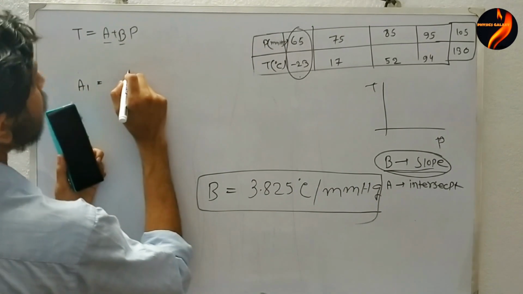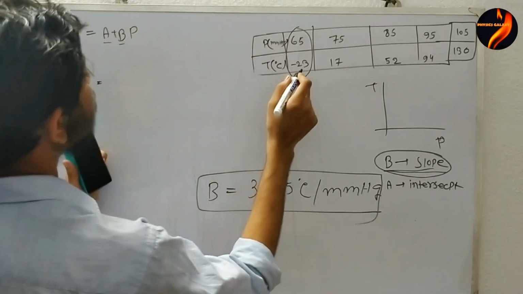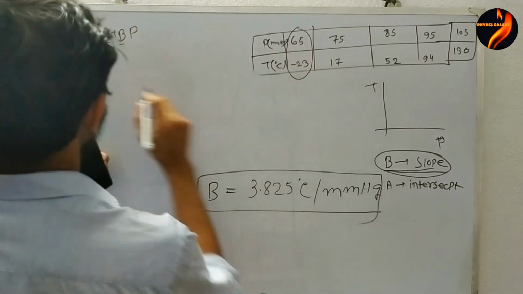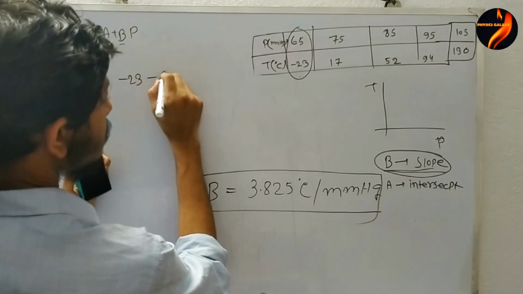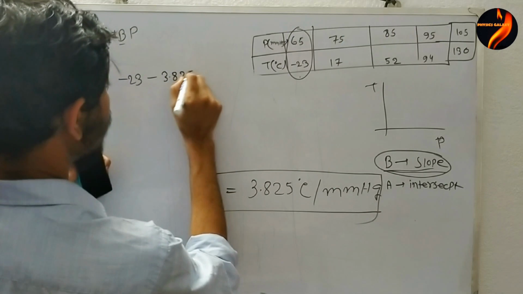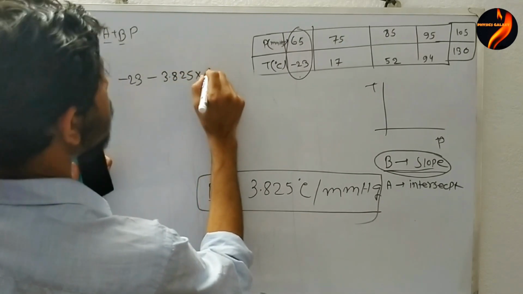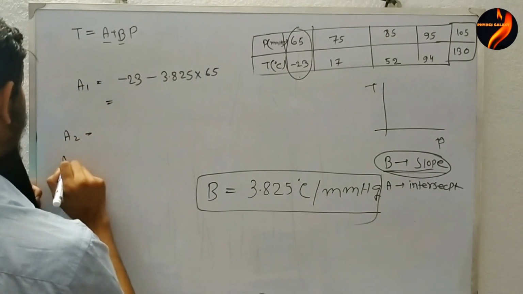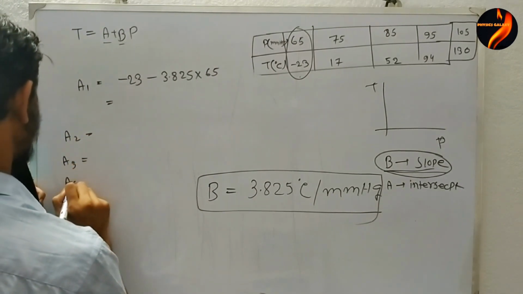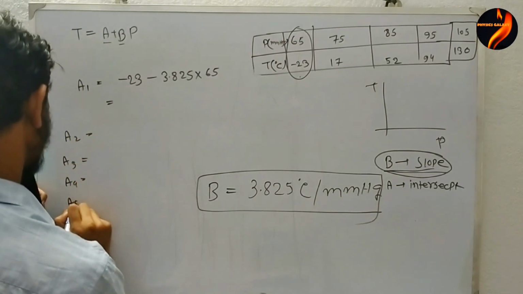So A1 is T minus BP, so T is minus 23 minus B times P, that means 3.825 times 65. Similarly A2, A3, A4, A5.